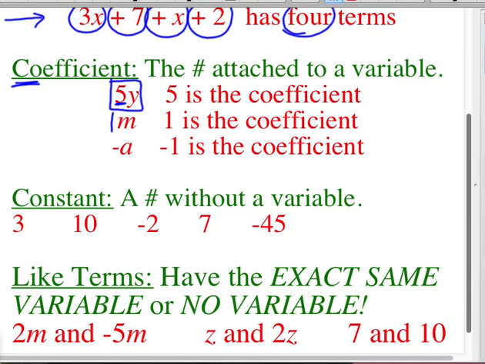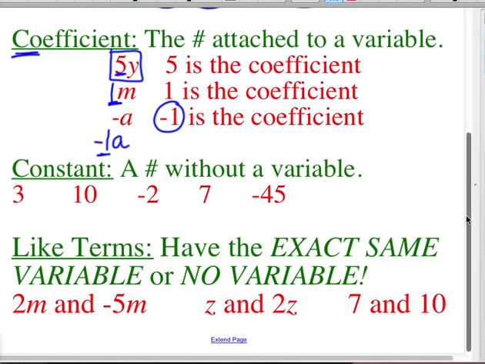It's the invisible one. So in this example, 1 is the coefficient. How about this next one where it says negative a? That's a negative 1a. So negative 1 would be the coefficient on that term. So once again, coefficients are the numbers that are stuck onto the variables.